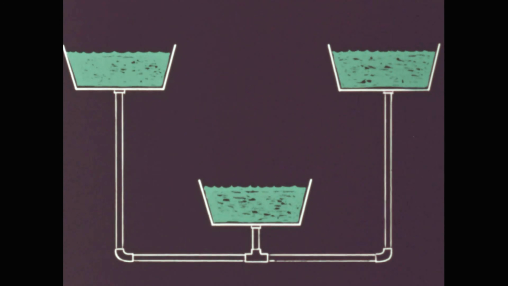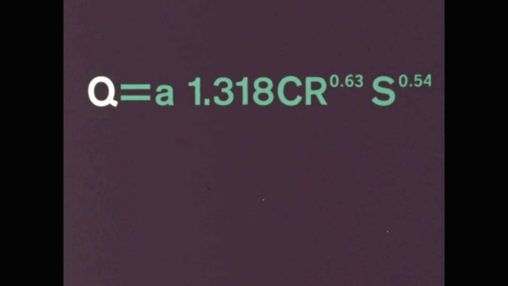Let me illustrate the use of the Fortran language. A very common problem in engineering is the three-reservoir problem, where three reservoirs having different elevations are interconnected with a network of pipes. The solution of this problem can be obtained by making use of Manning's equation.